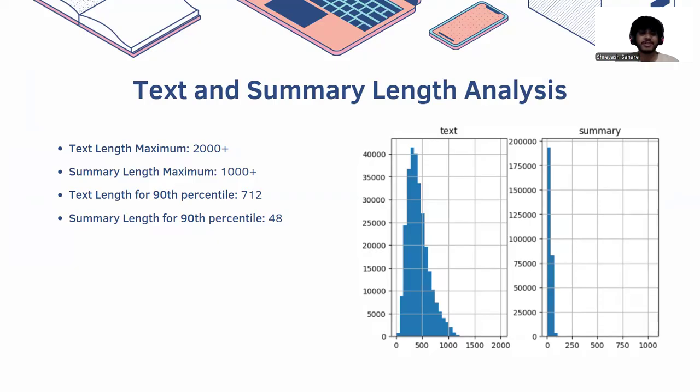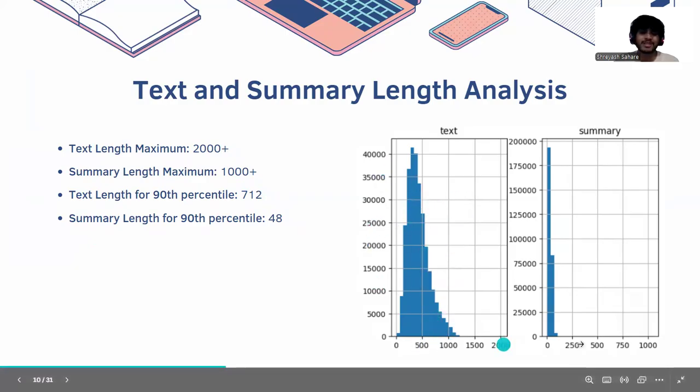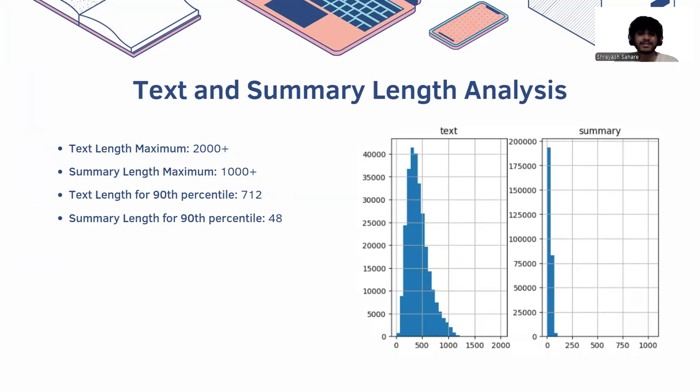But for a clearer picture, I calculated the 90th percentile for both the text length and the summary length, which was around 712 and 48 words. Those histograms visually show that most of the texts are much longer than the summaries, which reinforces the need for effective summarization to condense this information.